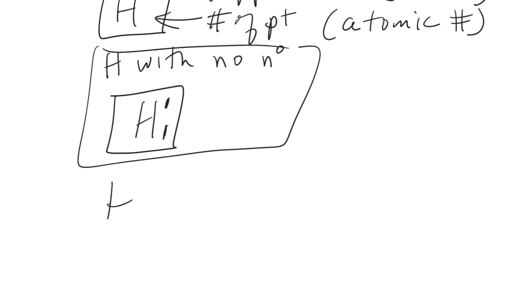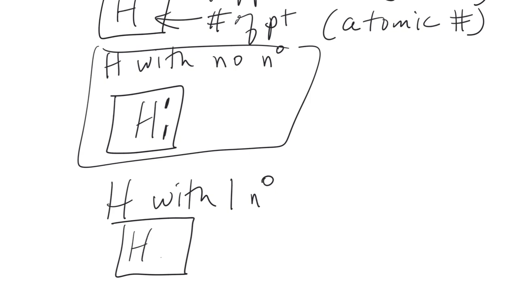Then hydrogen with 1 neutron in the nucleus would have 1 proton at the bottom, and the mass number would be 1 plus 1, which is 2. So the mass number is the number of protons and neutrons. So if you had 1 neutron, you'd also have 1 proton, or else it wouldn't be hydrogen.